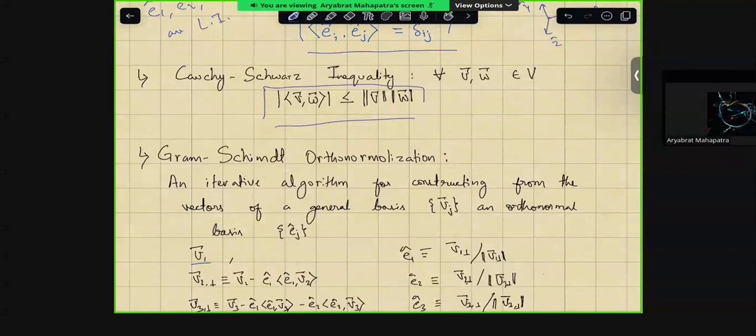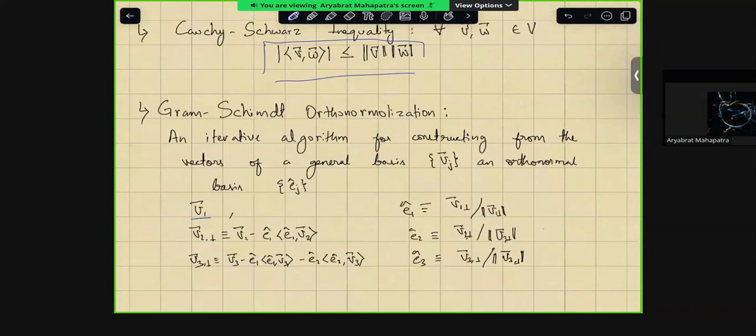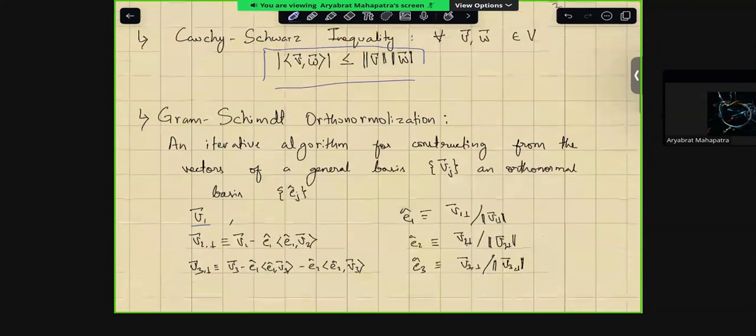And this is another important technique, not a theorem but a methodology, that you apply when you have a set of vectors that are not exactly orthonormal, but you want to construct an orthonormal basis.